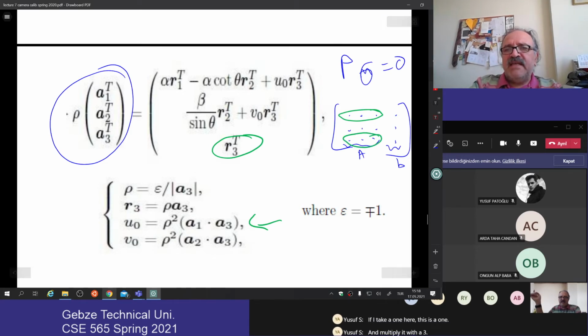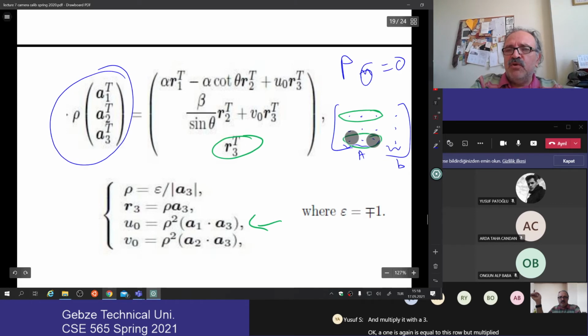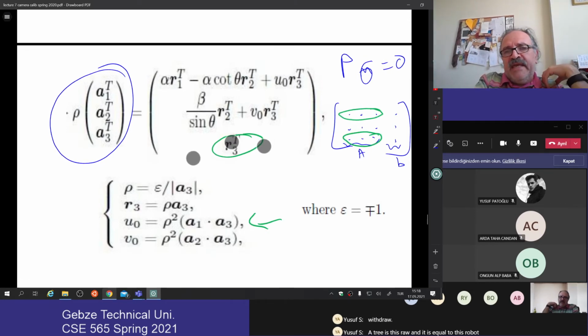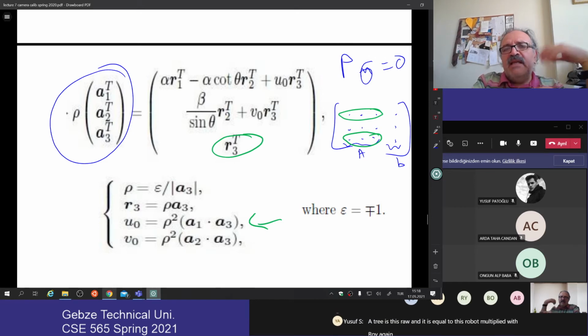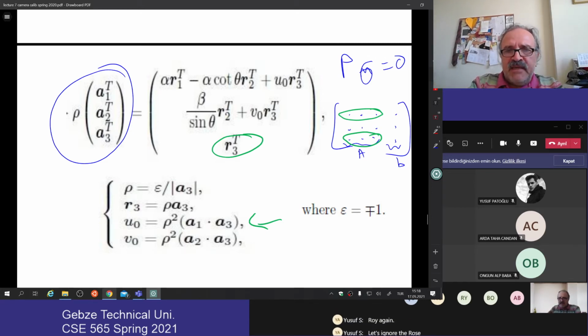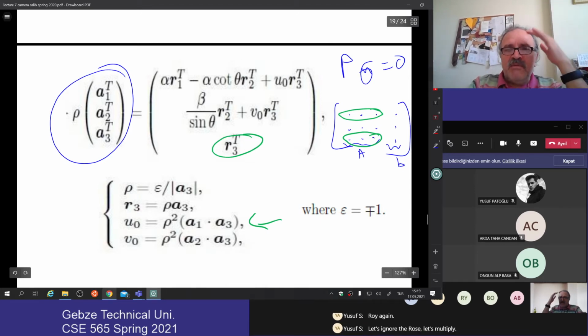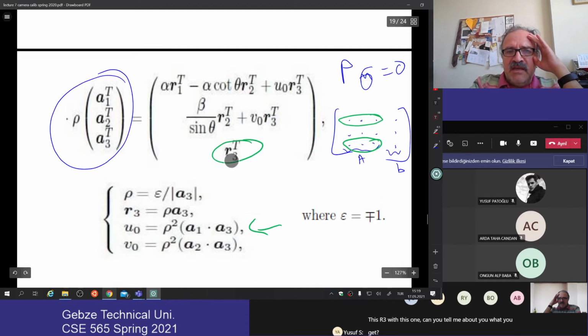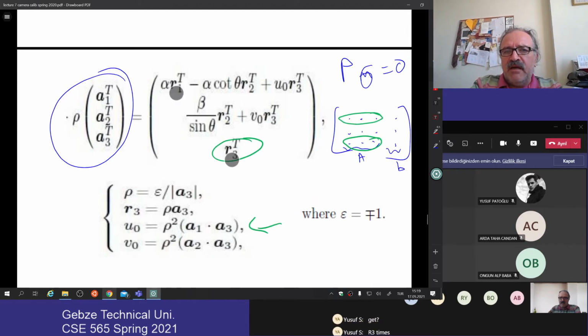A1 is equal to this row, but multiplied with rho. A3 is this row, and it is equal to this row, but multiplied with rho again. Let's ignore the rhos. Let's multiply this R3 with this one. Can you tell me what you get? R3 times R1 alpha. What does it make?